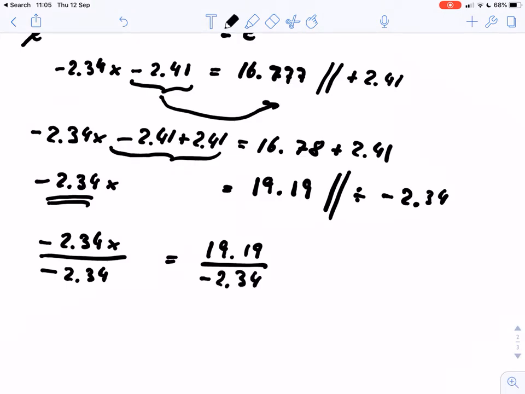Now here the negative 2.34 and negative 2.34 cancel out, and we've got x equals, and let's do this in the calculator, 19.19 divided by negative 2.34, and this gives us negative 8.20.